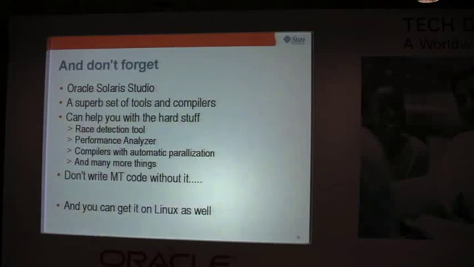And I said, don't write multi-threaded code without it. It's like, usually, don't leave your house without it. And if you're writing code on both Solaris and Linux, you can use Sun Studio on Linux as well. So we have it on both platforms. Although some of the observability tools that we have are only available on Solaris because we're relying on features in the Solaris operating system to dig out the information from the kernel.